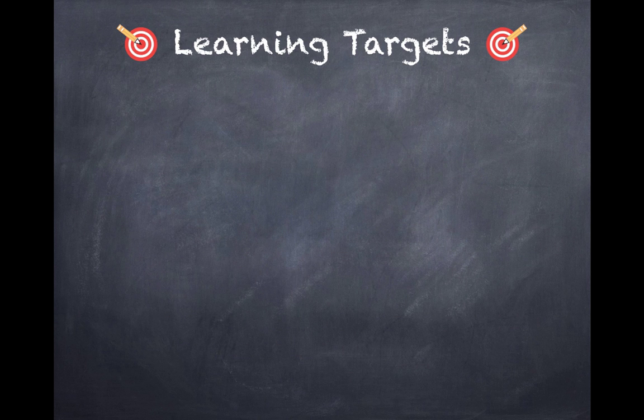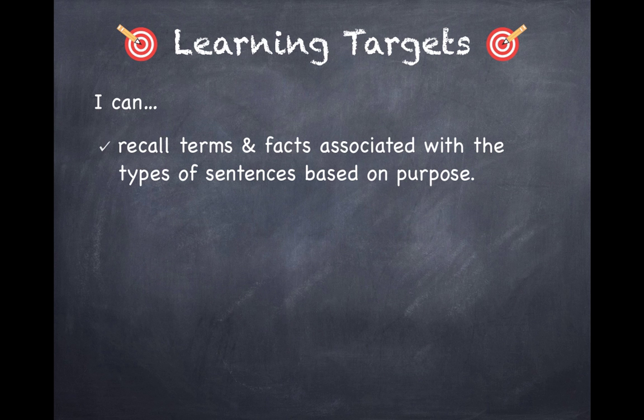So let's see if we've accomplished our learning targets. I can recall terms, facts, and probably some rules associated with the types of sentences based on purposes. I can recall terms and facts associated with the types of sentences based on purpose.